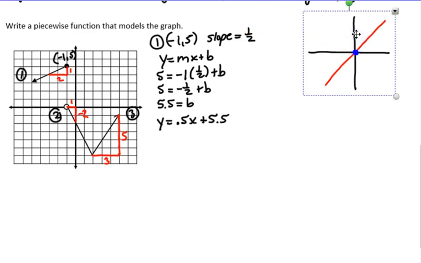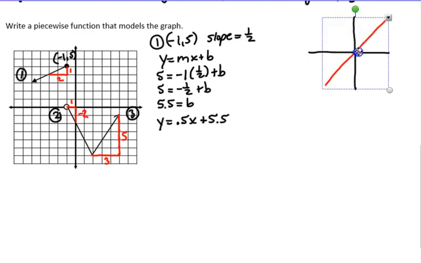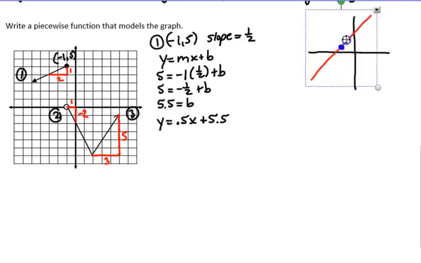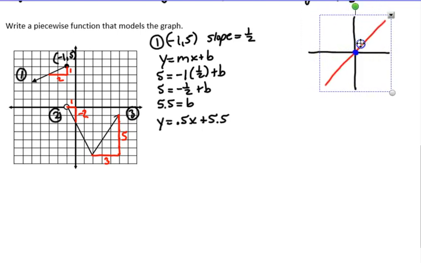I'm going to group these together so they'll move together. Let's say that this line has a slope of 2. We'll just say slope equals 2. And let's say that I shifted that line to the left 1, and up 5. So now it's up here.